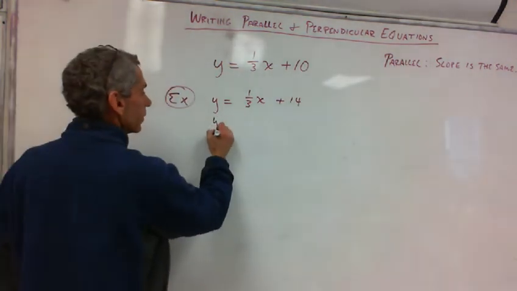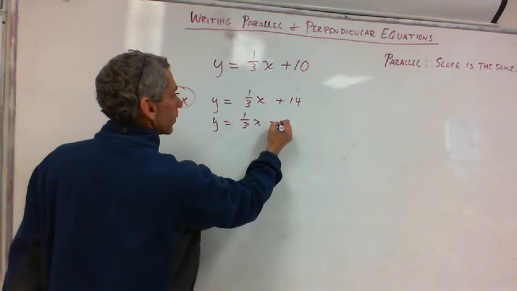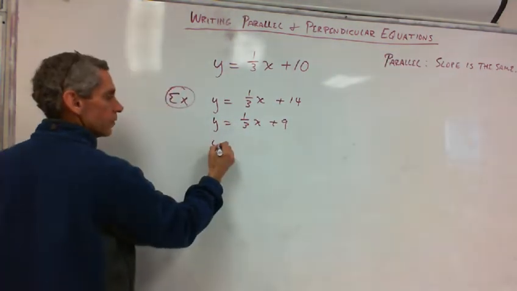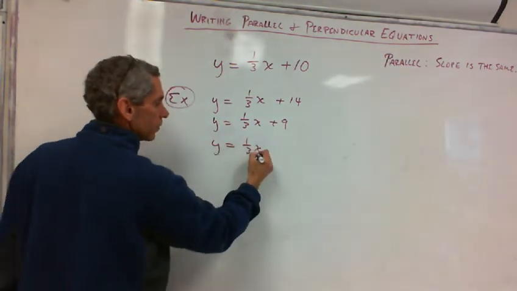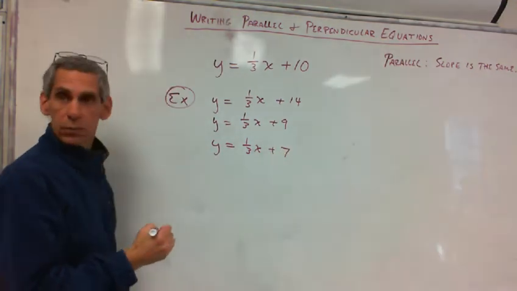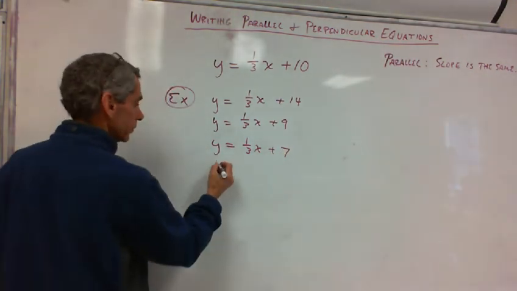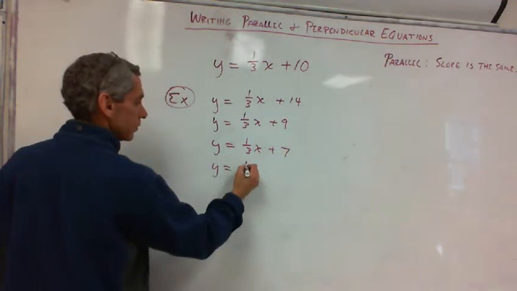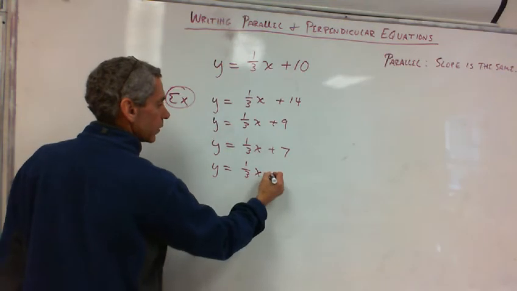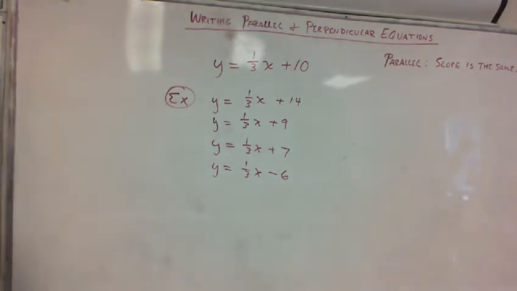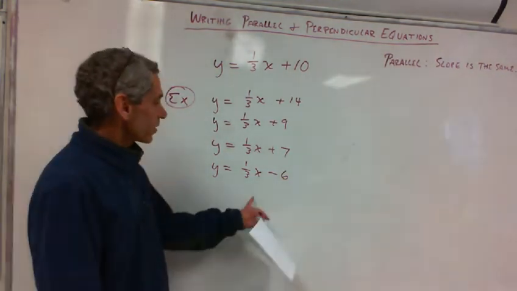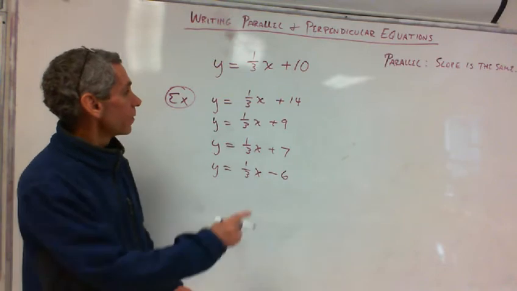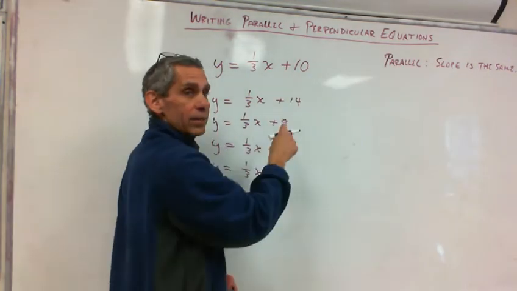Y equals 1/3 x plus 9. Okay, Molly. Y equals 1/3 x plus 7. Right. Okay, anybody else? Weston? Y equals 1/3 x minus 6. Okay, so it doesn't matter. This can be plus or minus. The main thing is that number is the only thing that changes.